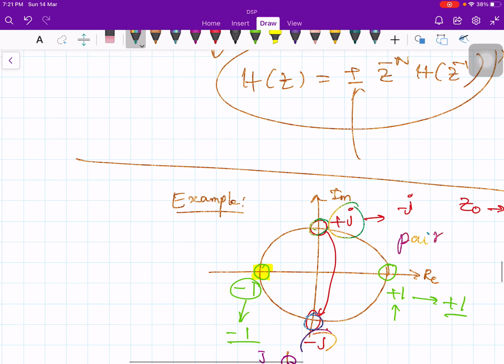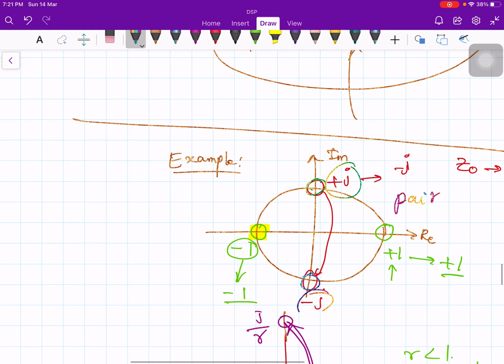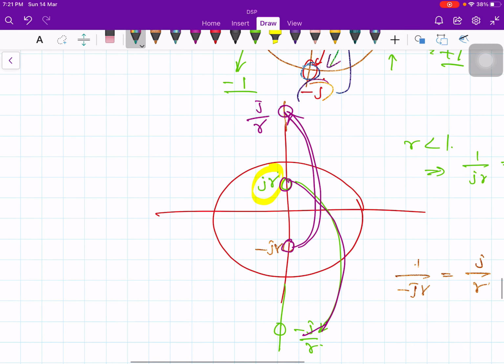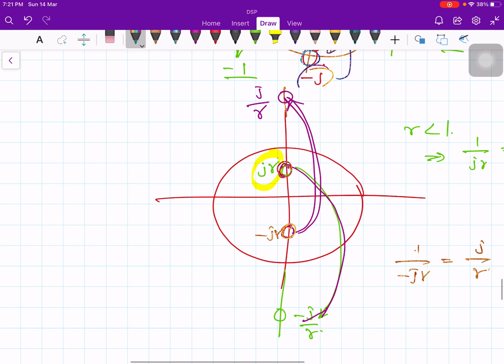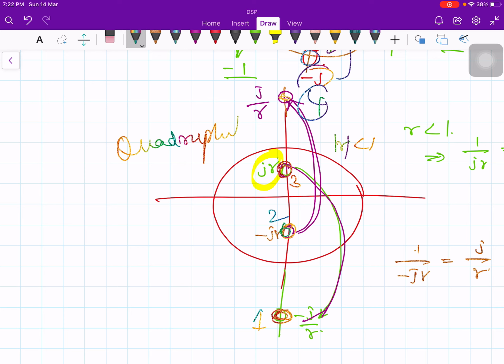The reciprocal of plus j is minus j, reciprocal of minus j is plus j, so it's a pair only here. But if you take the 0 in this fashion, where this r is less than 1, then I have 4 points, 0.1, 0.2, 0.3, 0.4. So it's a quadruplet. So they occur in quad.